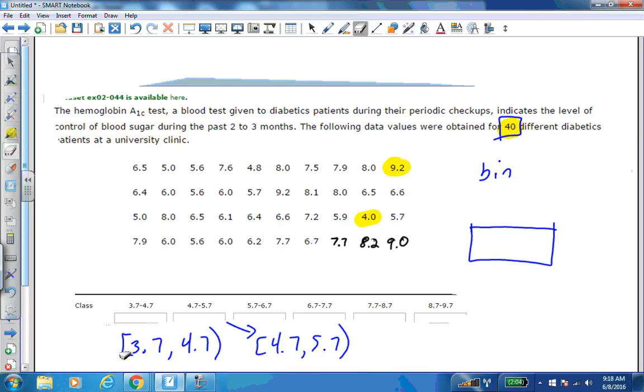Do you include the left end? Do you include the right end? Or do you include both? Depending on what kind of data you expect, you can determine how you want to set up your classes or your bins to fit your particular scenario. Sometimes you might want to include both ends. Sometimes you may want to include one end but not the other. It could be that you include the right end but not the left, or you include the left and not the right.